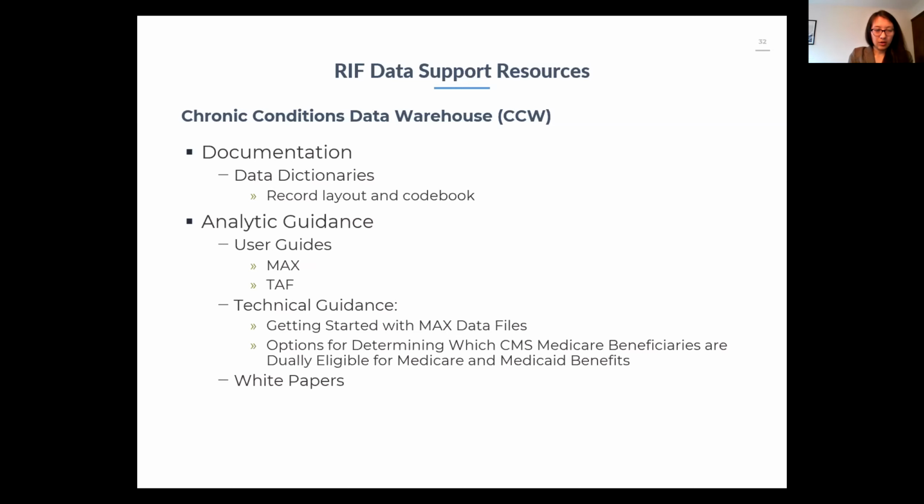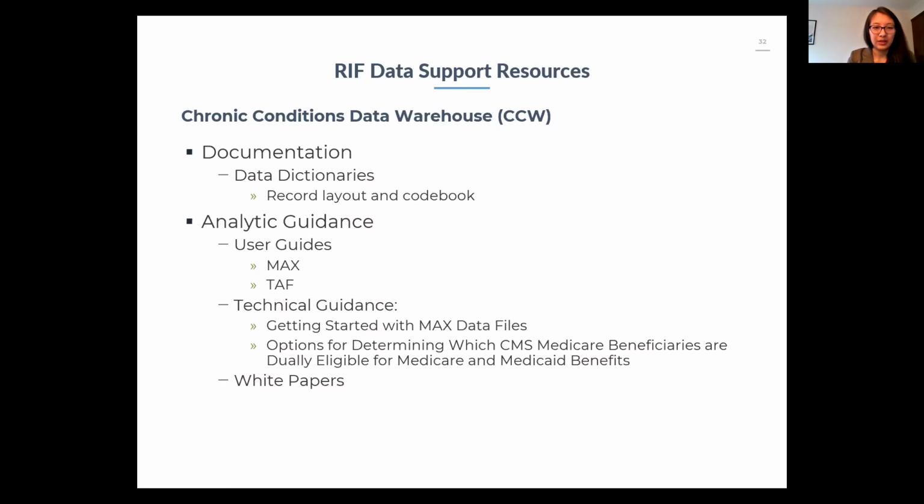The CCW also hosts all TAF documentation. So they have data dictionaries in a couple formats. They have a record layout and then a code book. They also produce analytic guidance. So their user guides are very, very helpful. I look at the one for TAF frequently. And then they also have some technical guidance and white papers. These are mostly for MAX now. I'm sure they're working on developing resources for TAF.